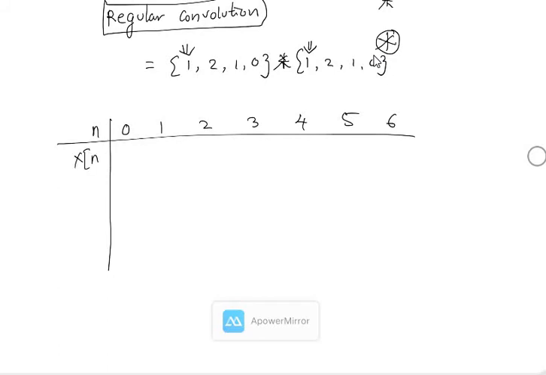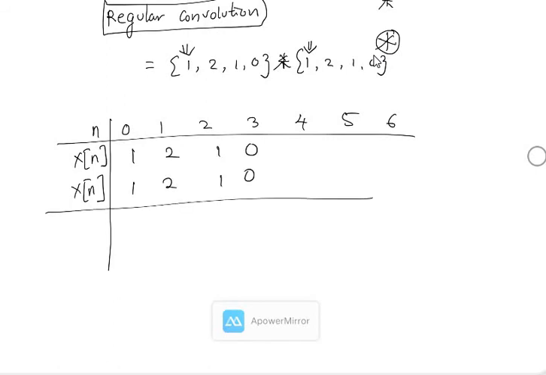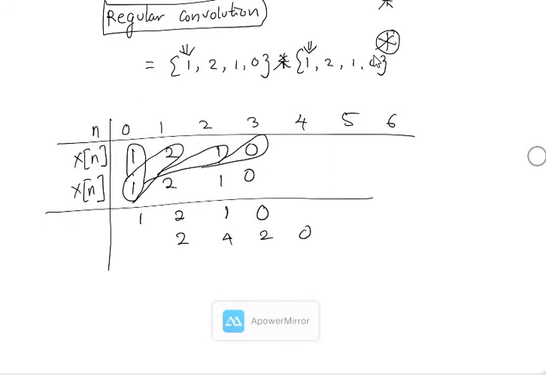Then you keep multiplying: 1, 2, 1, 0, and then 2 times 1 gets 2, so 2, 4, 2, 0, and then 1, 2, 1, 0, and the last one is 0, 0, 0, 0.